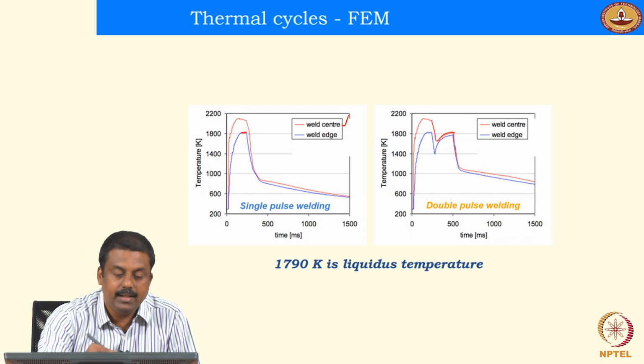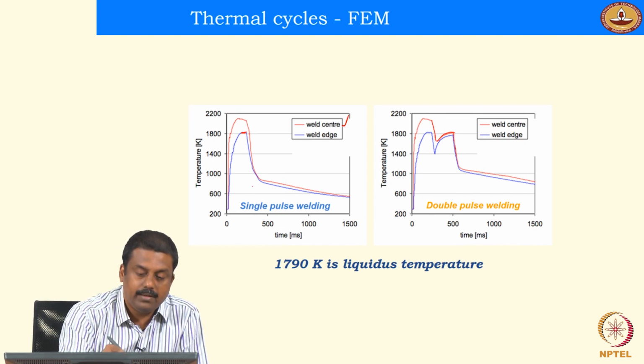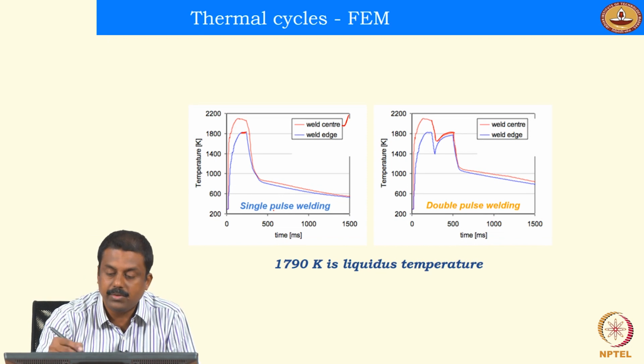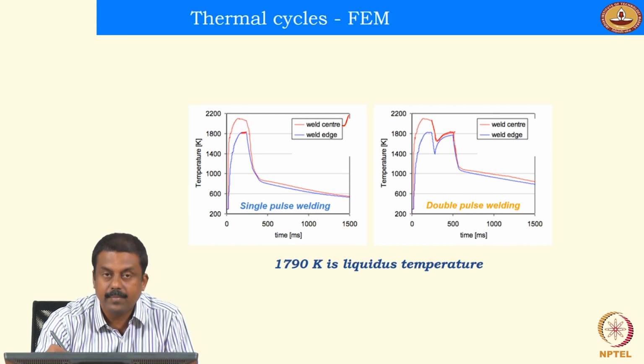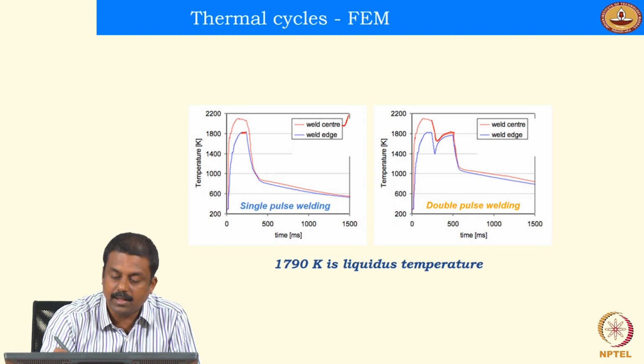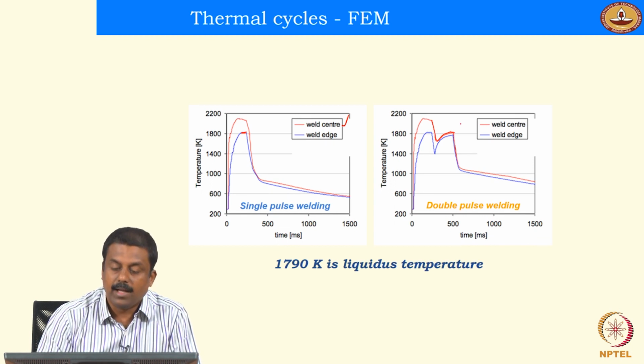So we modify the thermal cycle from continuous cooling from liquidus temperature, and the weld center upon cooling to some temperature will again be heated up like in a post weld heat treatment. Okay, and then subsequently we cool to room temperature. The same happens at the weld center as well as the weld edge.